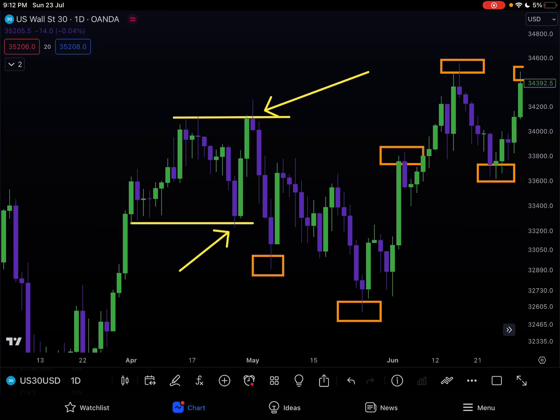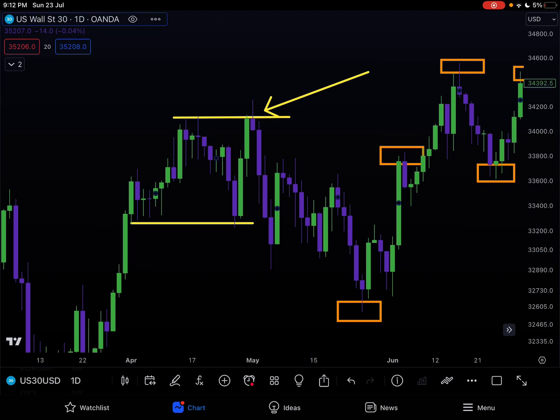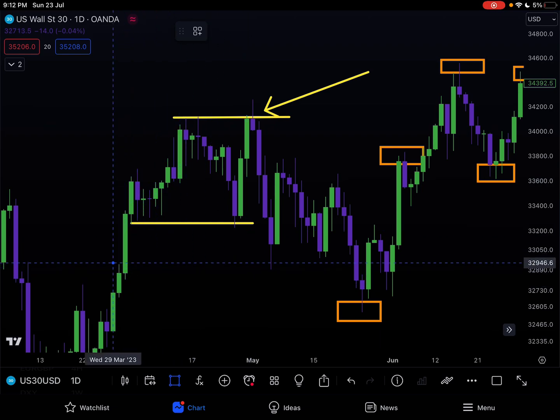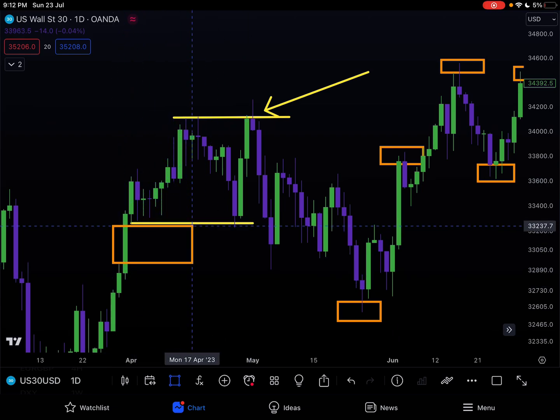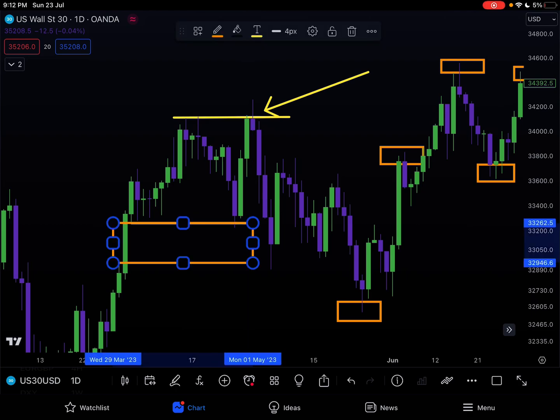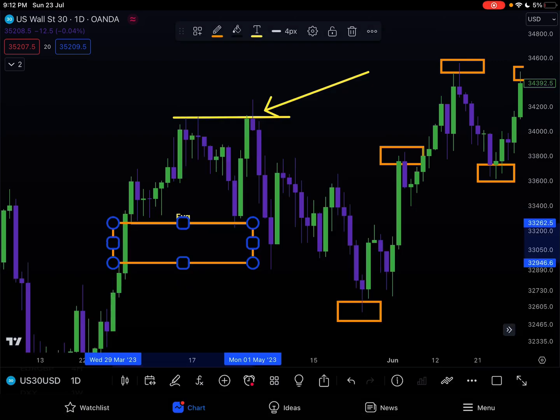And also, if you need extra confluence on why you should be a buyer underneath old lows, price just happens to jump into a what? Fair value gap. So we're also going to highlight that. You guys like fair value gaps, so do I. And we're going to highlight that.